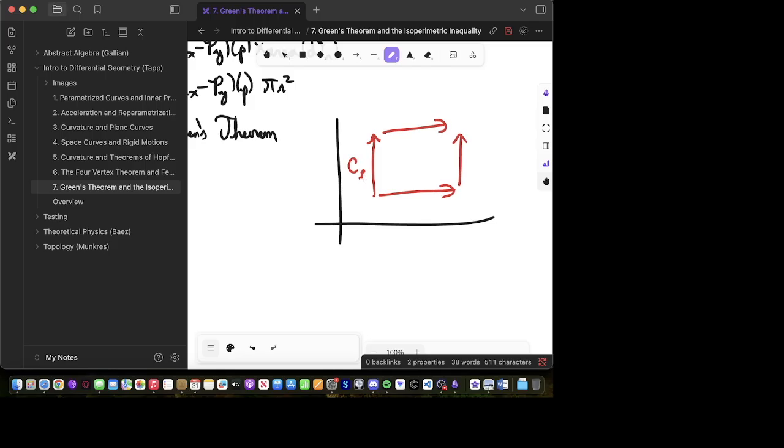So we're going to call this one CL, CB, CR, and CT. Top, right, bottom, left. So if we want to travel counterclockwise, starting from here, we go along CB, then along CR, then opposite from CT, and then opposite from CL.